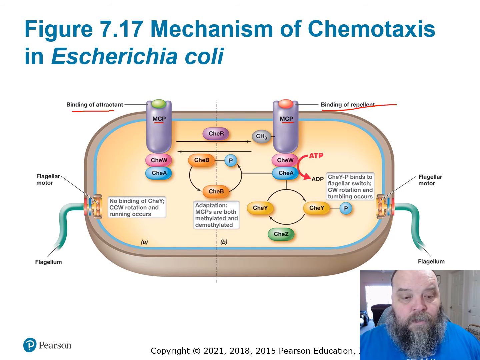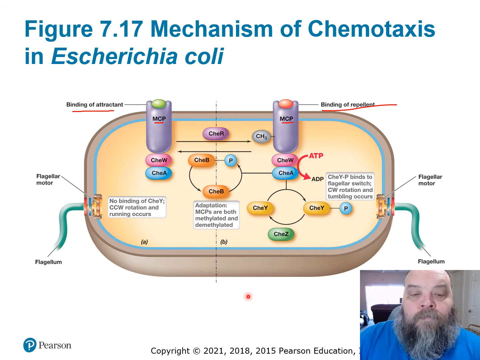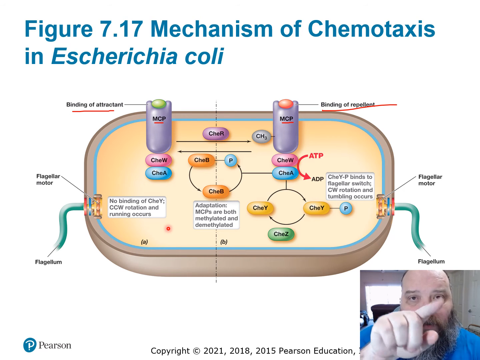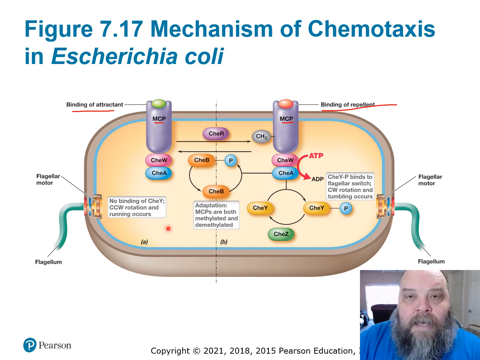The flagella starts spinning in a counterclockwise fashion. By spinning counterclockwise, this is going to give it a run, a nice run, almost a straight run towards something. Now, it's not always going to be straight at the source of whatever that attractant is, because you have to remember this is random. But given enough starts and stops, it will ultimately get to where it needs to be, a high concentration of whatever that attractant is.